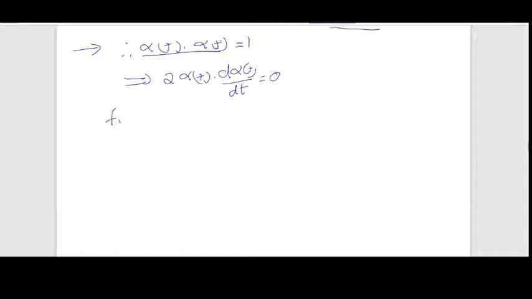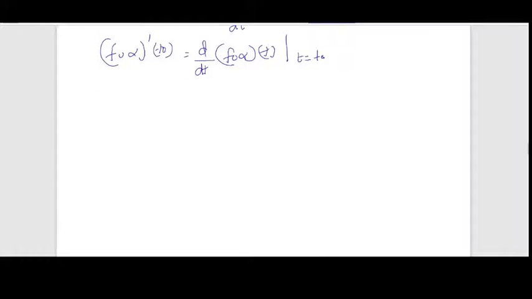So what is (f composition alpha)' of t naught? This means d by dt of f composition alpha of t at t equal to t naught. So this is equal to d by dt of L of alpha of t dot alpha of t.